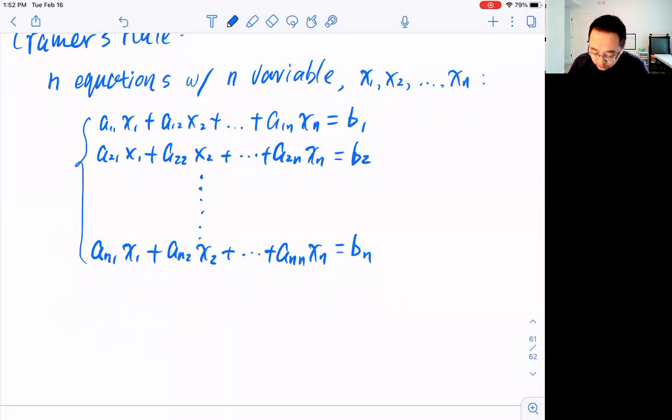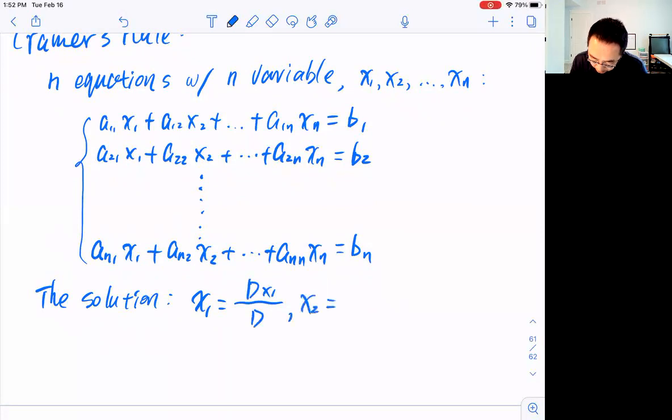Okay, so then the solution to this whole system, according to Cramer's rule, is x1 equals d of x1 over d, and x2 equals d of x2 over d, and dot, dot, dot, to xn equals d of xn over d.